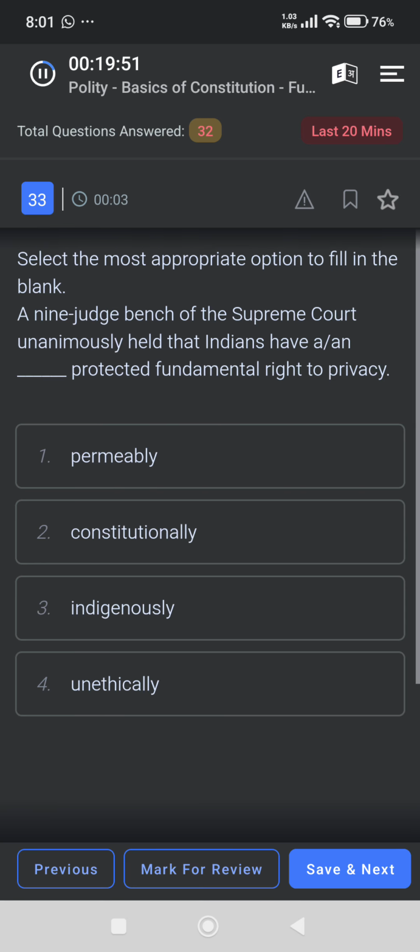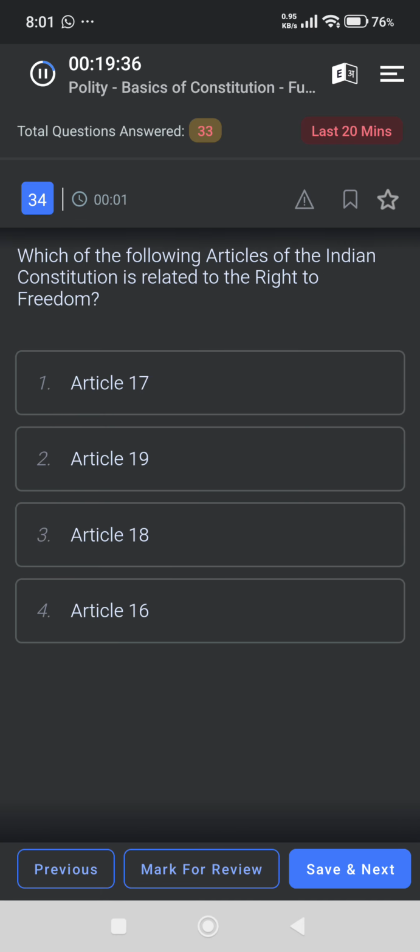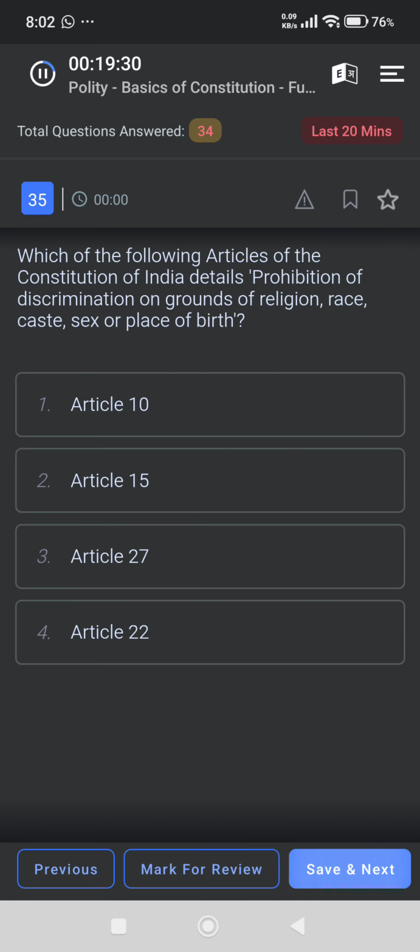A nine-judge bench of the Supreme Court unanimously held that Indians have a constitutionally protected fundamental right to privacy. Which of the following articles of the Indian Constitution is related to the right to freedom? Article 19.